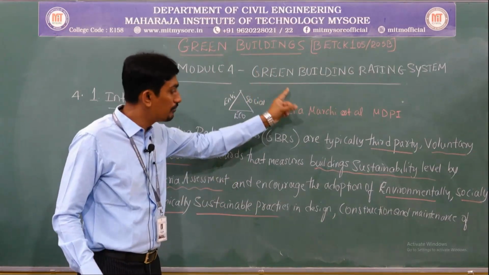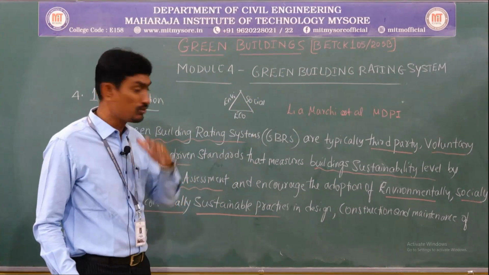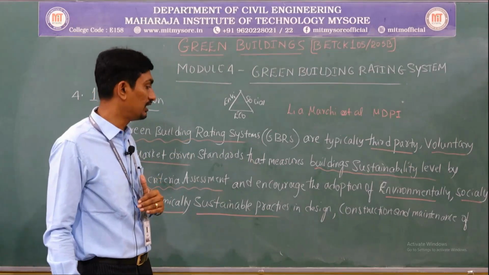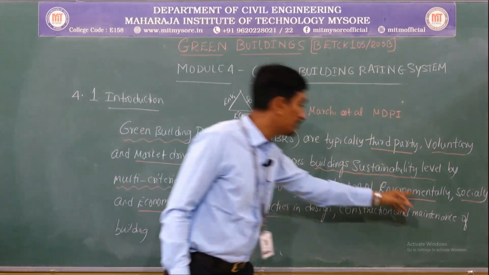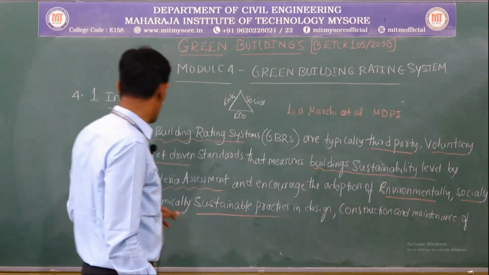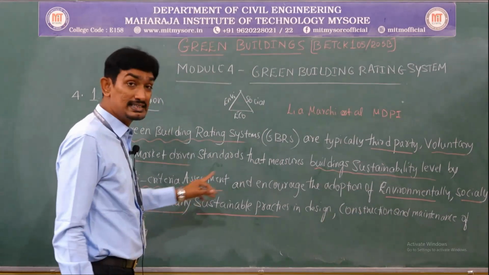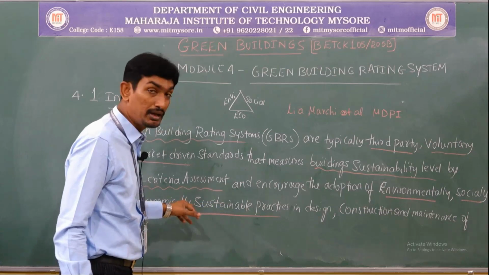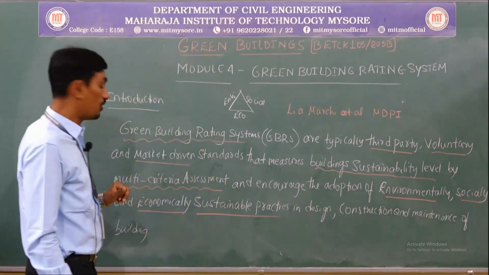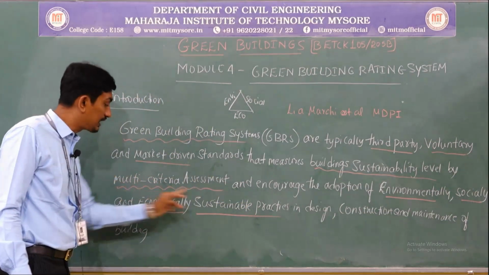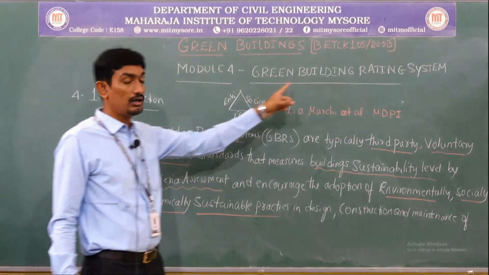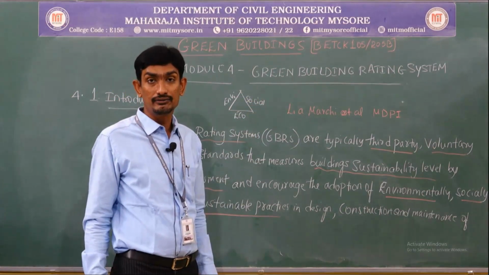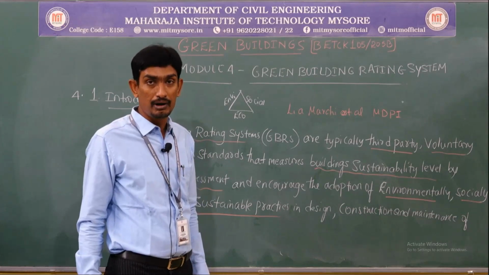How this green building is contributing, that is what the sustainability levels are. That is environmentally, socially, economically sustainable practices, in terms of multi-criteria assessment in the green buildings. Did you get my point?